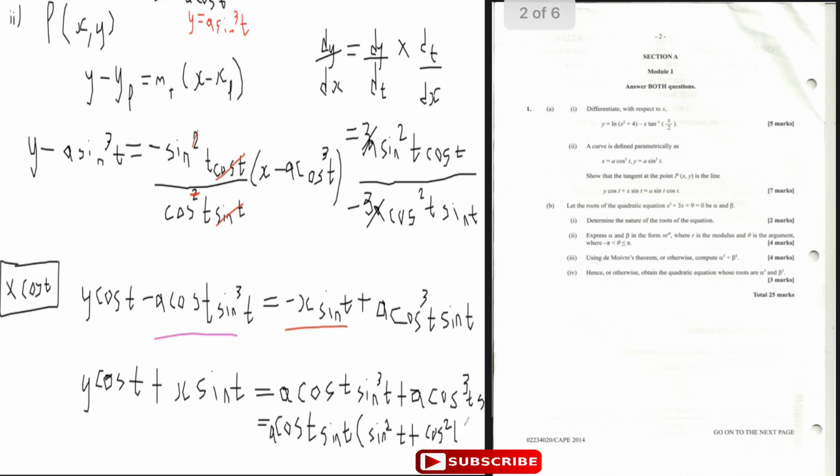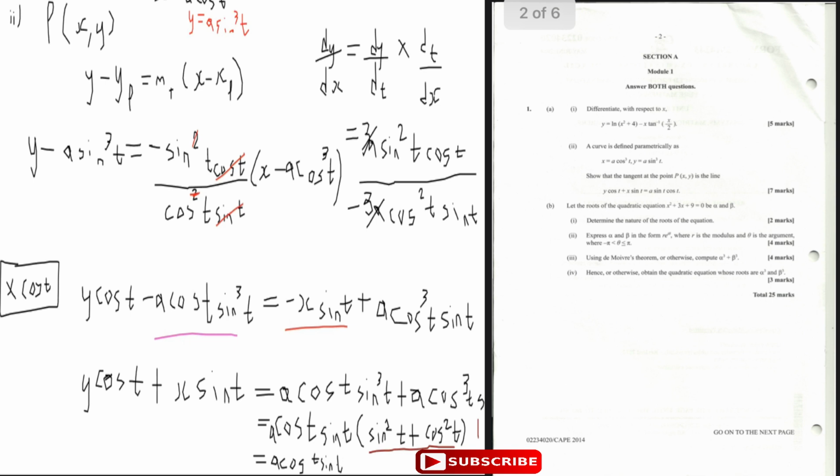But sine squared t plus cos squared t is 1. So you can throw away that part. We know that. And so finally, all of this just works out to be a cos t sine t.